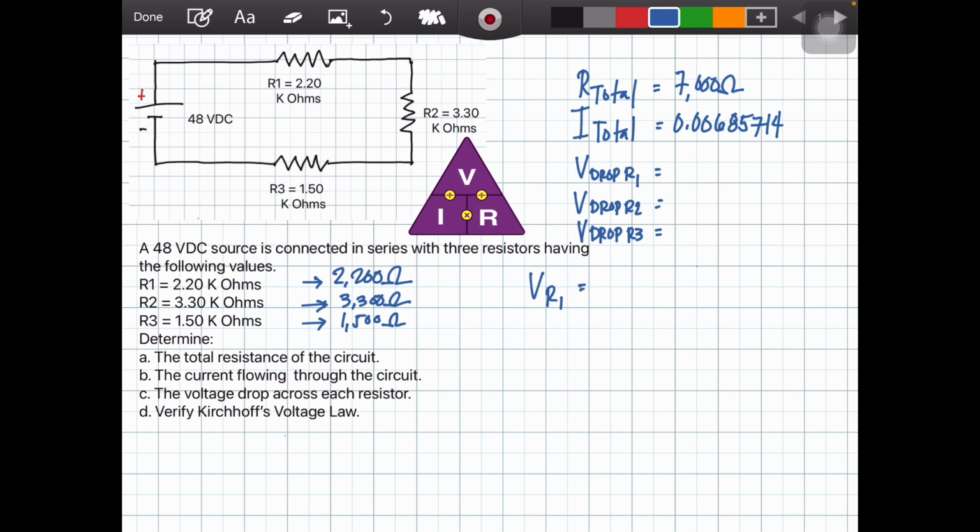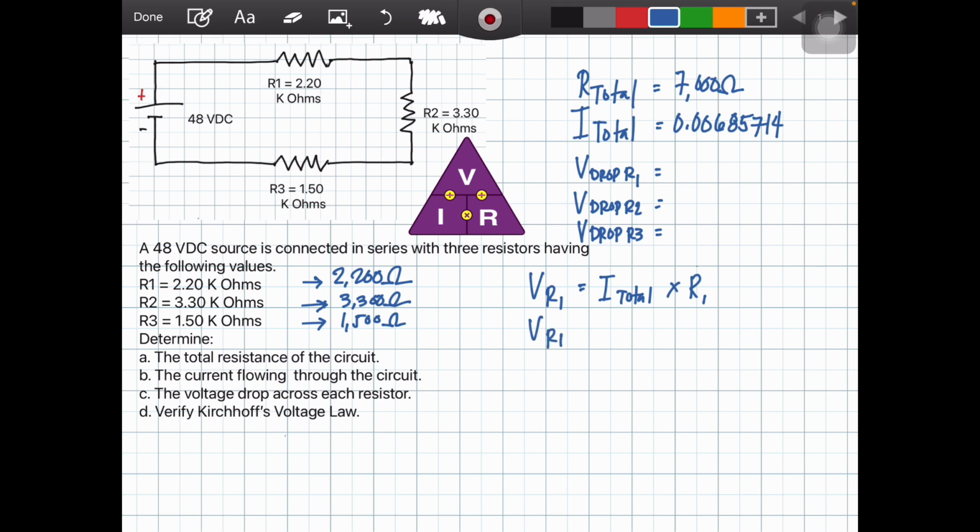The formula for that, based on our purple triangle, when you try to find the voltage, you need to multiply the current to the resistance. So that will equate to total current multiplied by R1, because we are looking for R1.